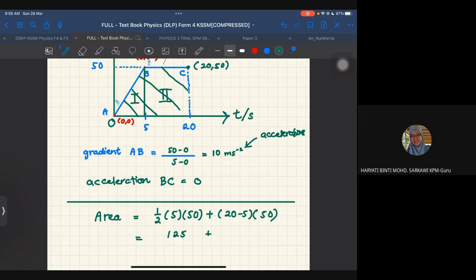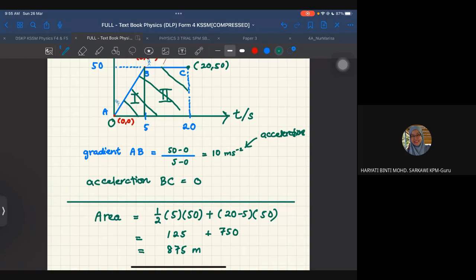And then area under BC. You get 750. Right? So add everything together, 875. Do you get that or not?